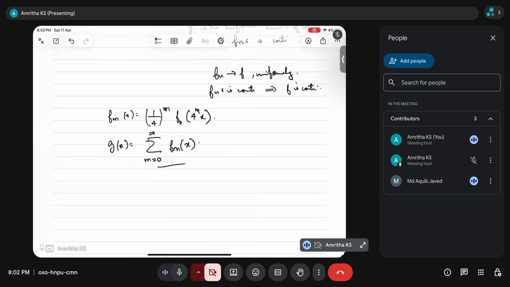Finite sums are continuous, so by the test this converges. We know that f0 in absolute value is less than 1, and here you have 1 by 4 to the m, and therefore it converges. So this function is continuous.